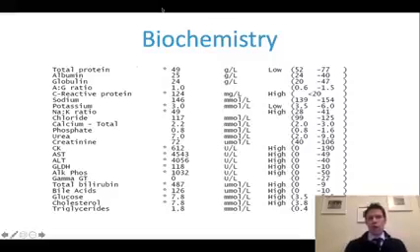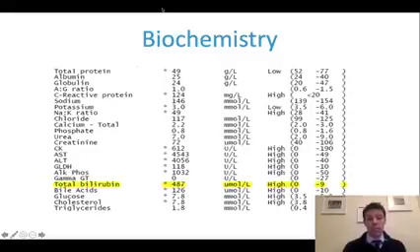So, just to start with the biochemistry, and you'll see there's quite a few asterisked abnormalities in this profile. The one that we're most interested in this seminar is the total bilirubin, and you can see that that is incredibly high. That's a very, very significant hyperbilirubinemia, maybe slightly exaggerated by the presence of ongoing hemolysis, but it does fit her icteric appearance.